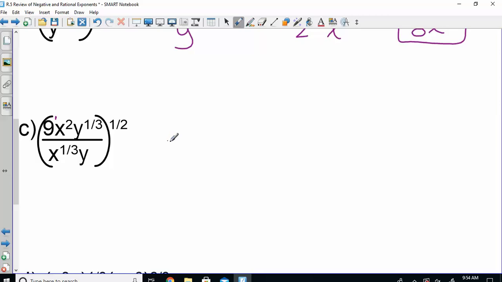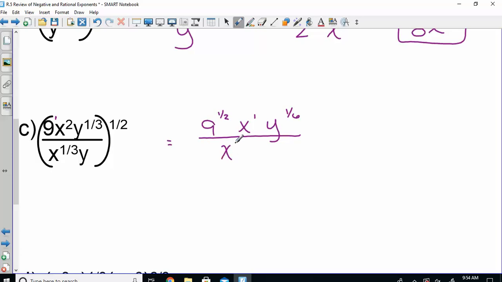So this is a 1. Power to a power we multiply. So 1 times 1/2 is 1/2. 2 times 1/2 is 1. 1/3 times 1/2. Okay, we have to distribute it to the bottom as well.